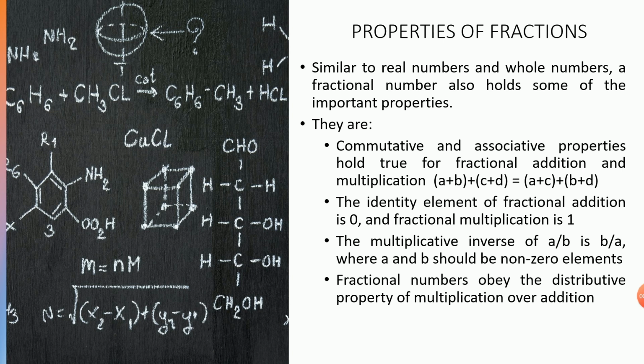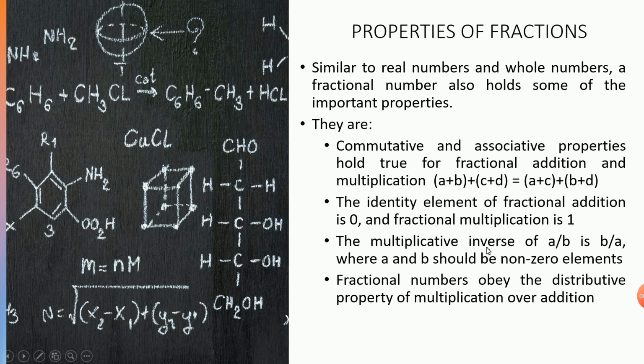Where the same element is added, it gets cancelled and we get 0. But for fractional multiplication, you know that 1 by 2 into 2 by 1 is 1. So always fractional multiplication is 1. So in the identity property, fractional addition is 0, fractional multiplication is 1.